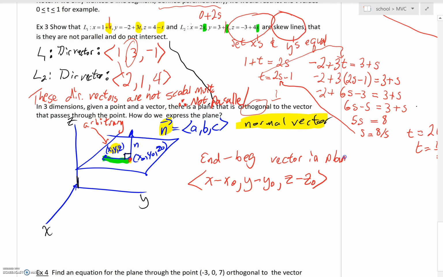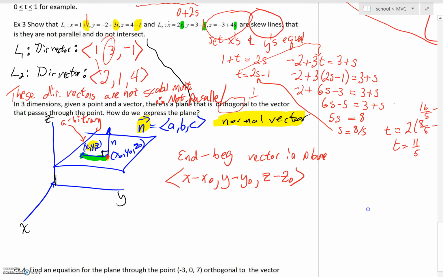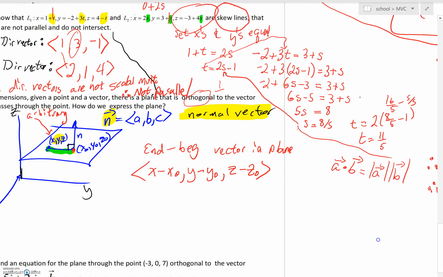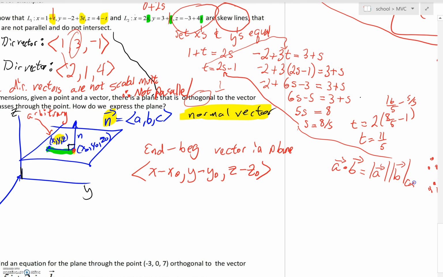Well, I guess what I'd really like for you to remember is earlier in this unit, we learned about the dot product. The dot product, A dot B, was actually the length of vector A times the length of vector B, the magnitudes of those, multiplied by the cosine of the angle between them.